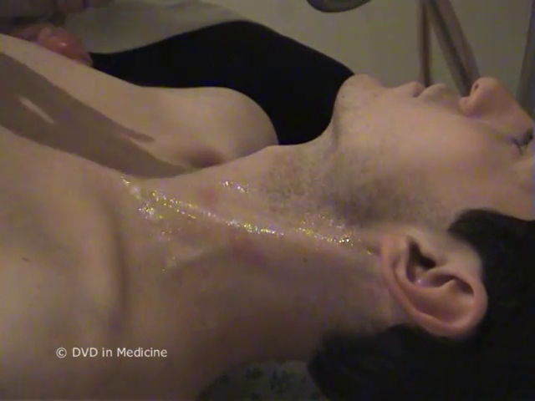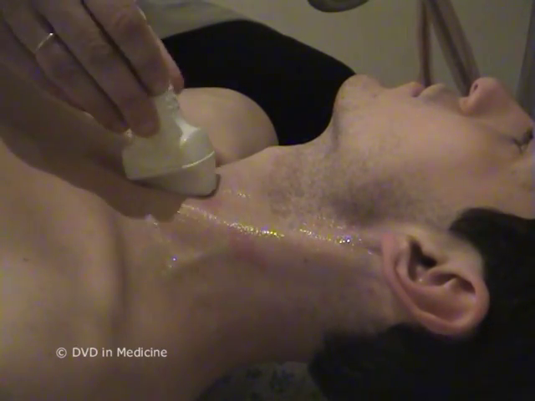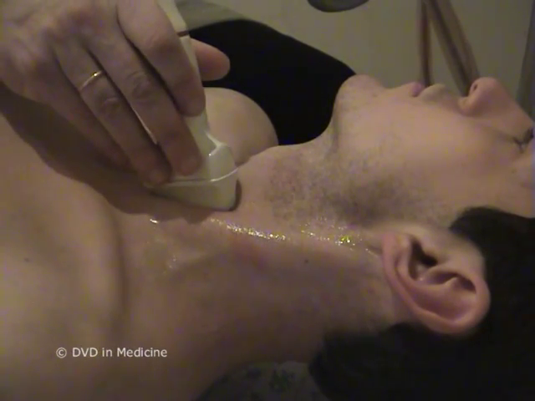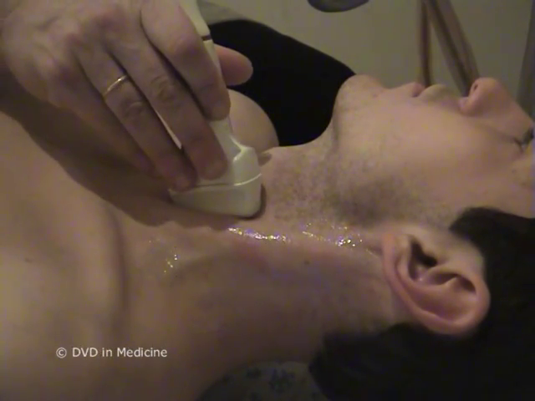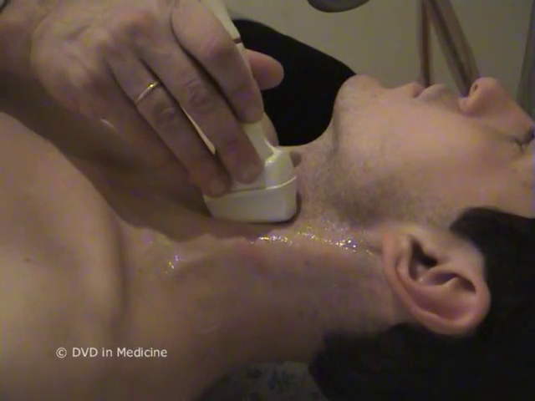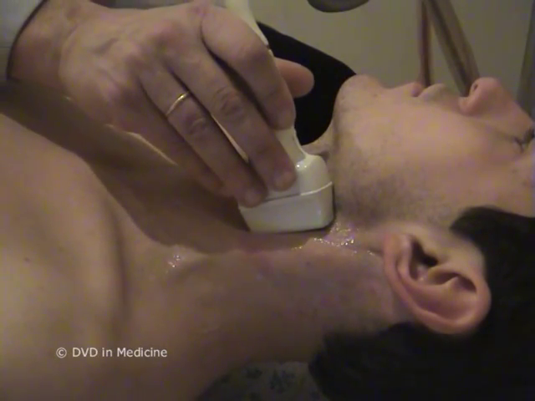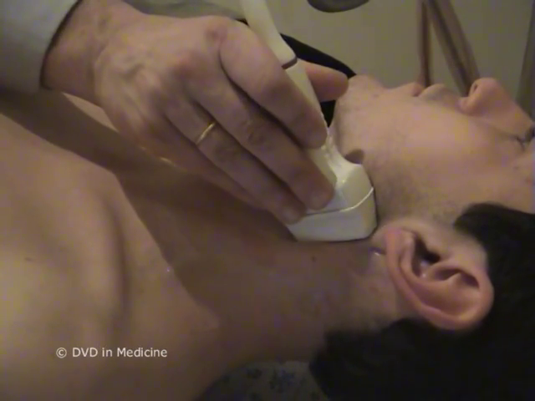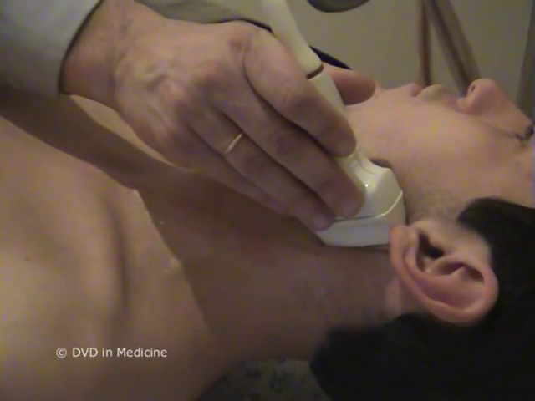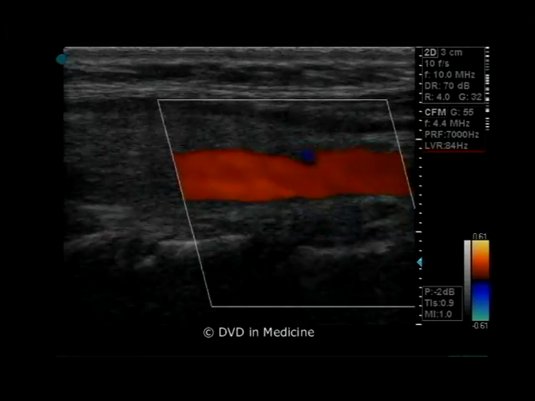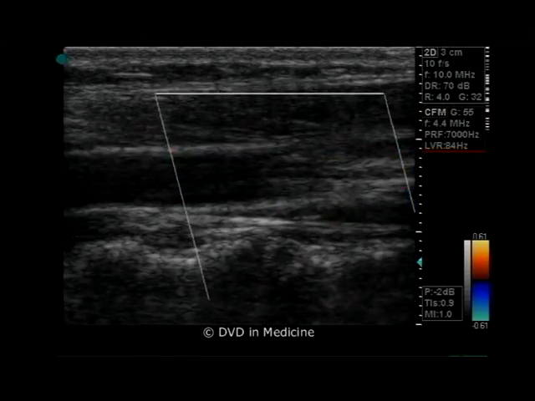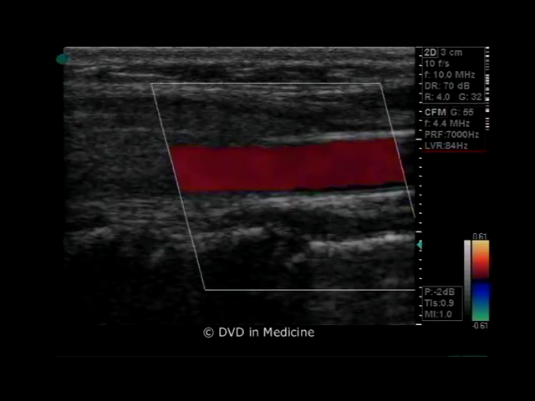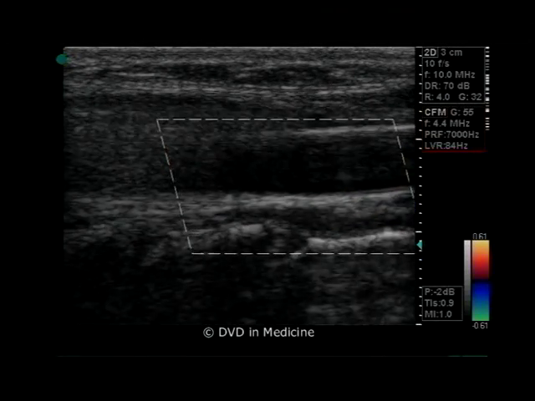Color Doppler is then activated and the vessels are examined in the longitudinal plane, again from the lower neck upwards. With the help of color Doppler, one can identify areas of abnormal flow.